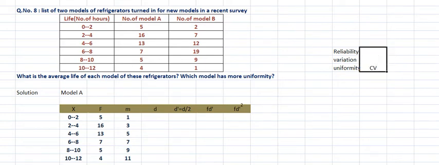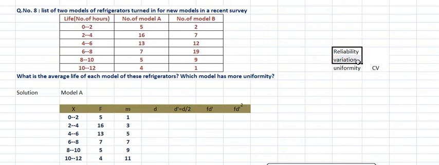If you find the CV, then you will get the answer. If they are asking about uniformity, greater variation or reliability, what do you find? CV. Clear? So remember these three words. Otherwise, I gave it in theory, the class on standard deviation, properties or objectives, right? So move to the solution now.